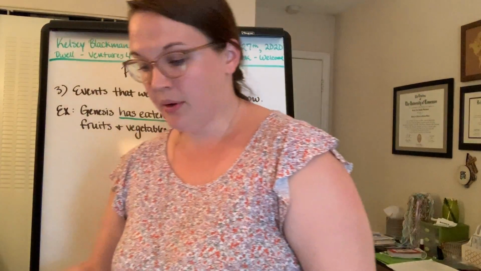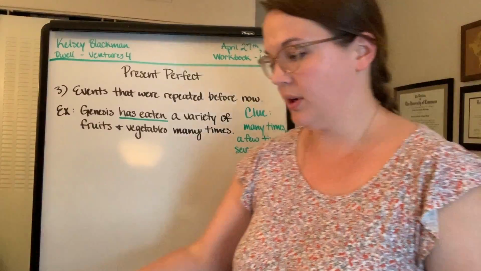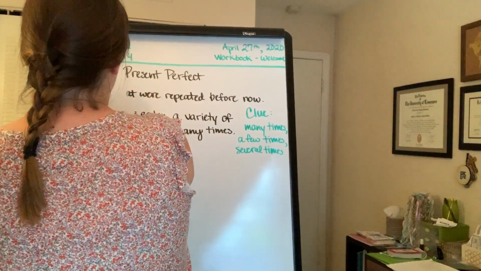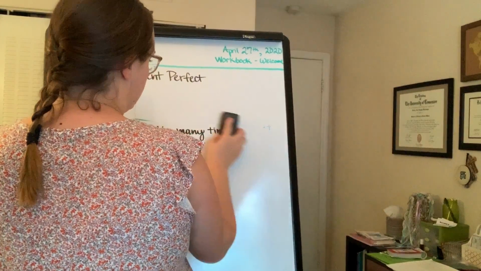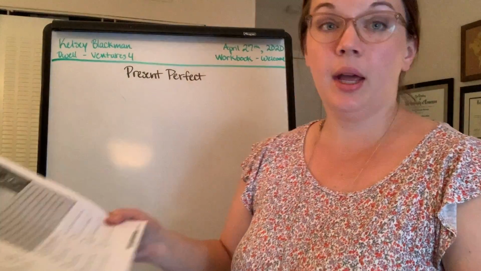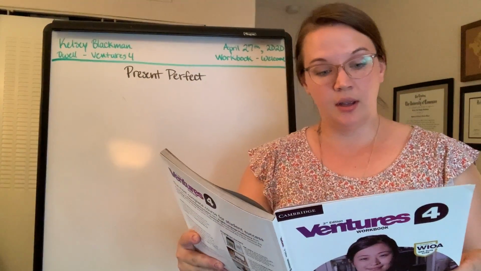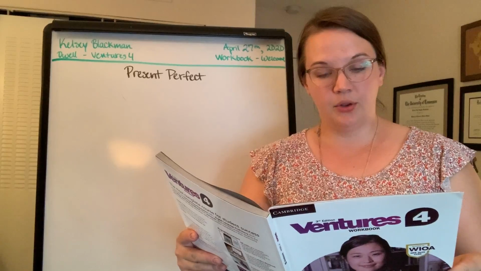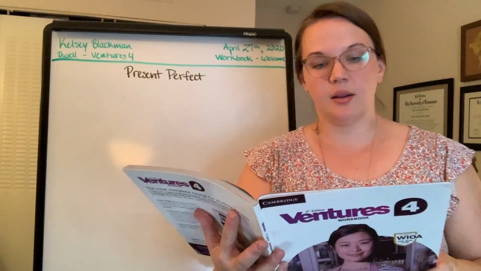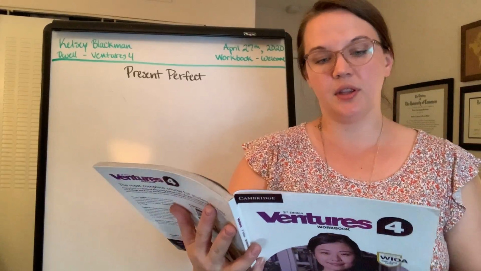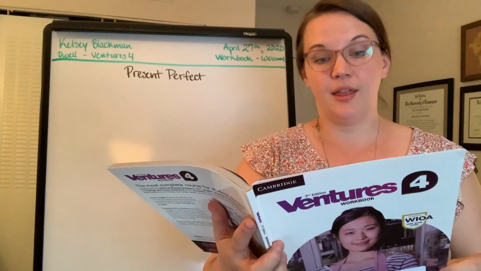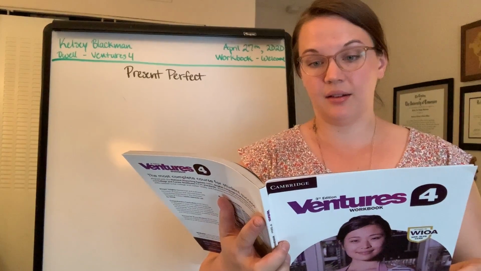But for now, let's go ahead. I'm gonna erase this. And let's go ahead and open up our workbooks. And you'll see here on page 4, it says complete the interview, use the simple past or the present perfect, and then listen.